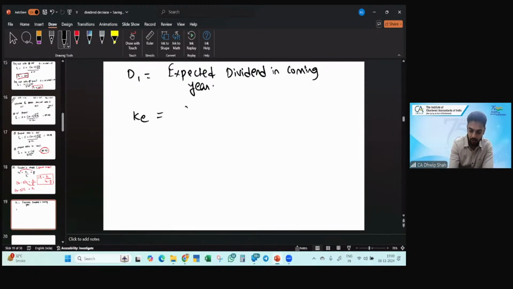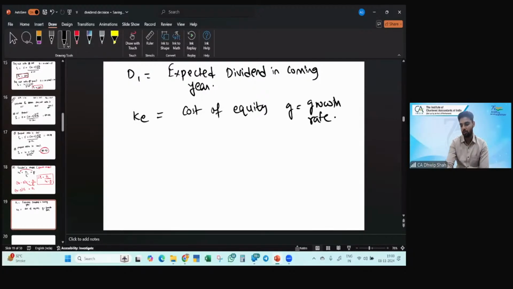KE is nothing but the cost of equity that we already know. And G is nothing but the growth rate. Understood?